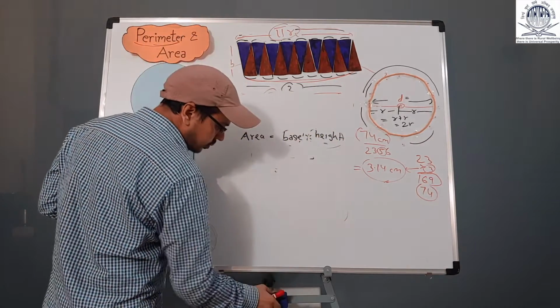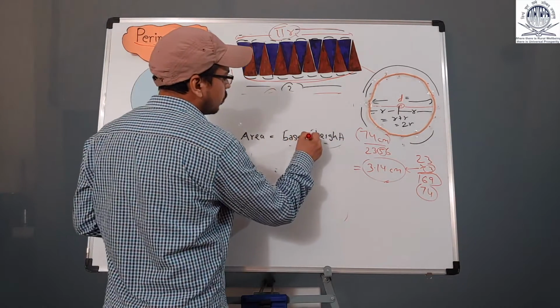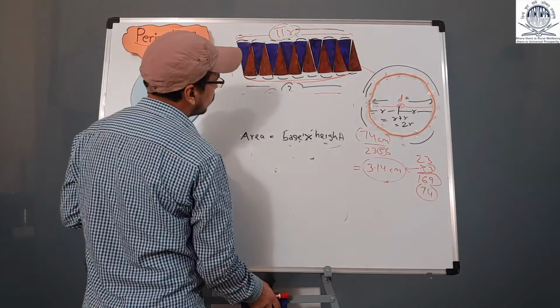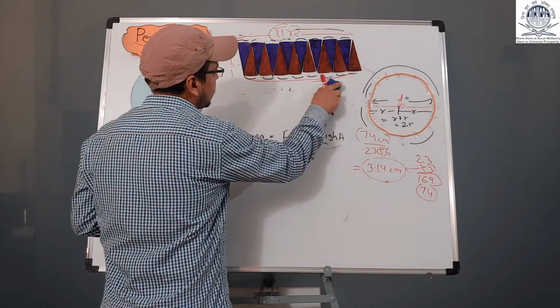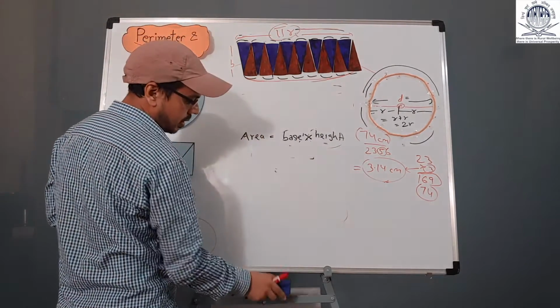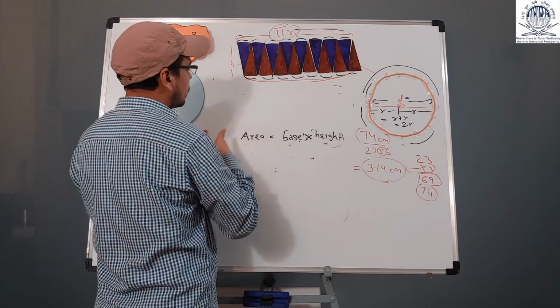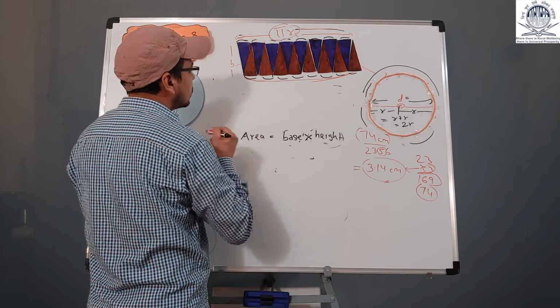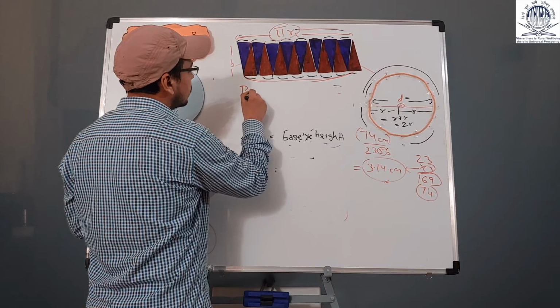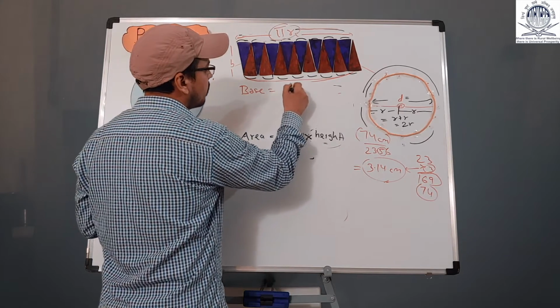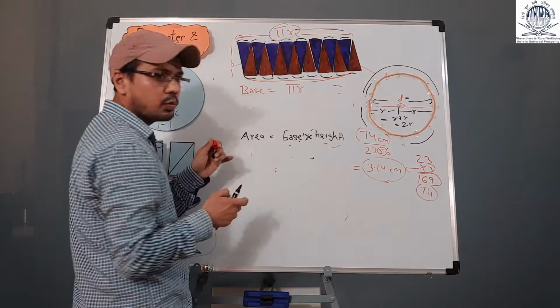Now, what is base over here if I just want to see? So base, as we said, was pi r. So I'll write over here my base is equal to nothing but pi r. Again, why?